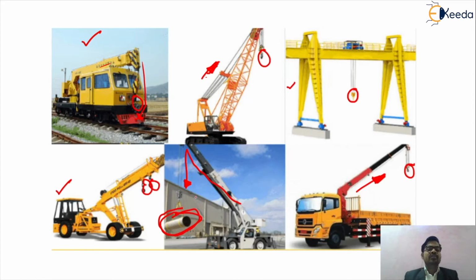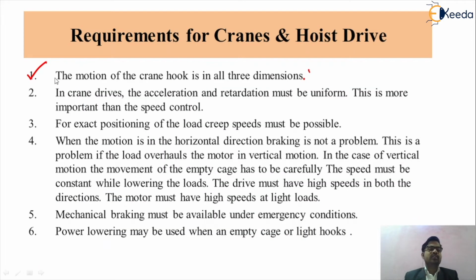So a three-dimensional moving hook is required. This will be the first requirement. So what should be the second requirement? The second requirement is that in crane drives, the acceleration and retardation must be uniform.